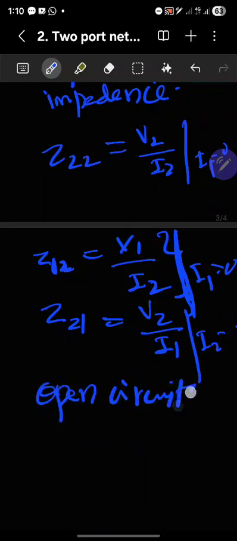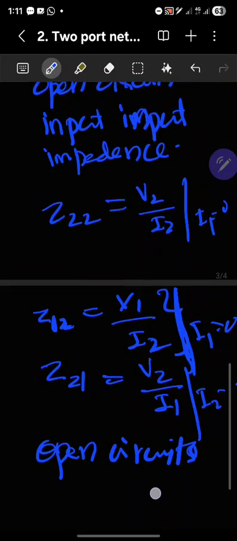Similarly, we can get expressions for Y parameters. To get them, we have to short one of the terminals. That's why the Y parameters, or admittance parameters, are called short circuit parameters, and Z parameters are called open circuit parameters.